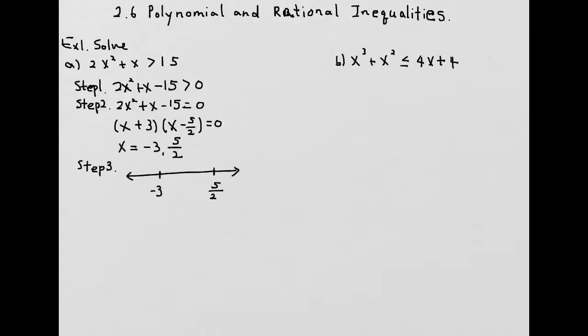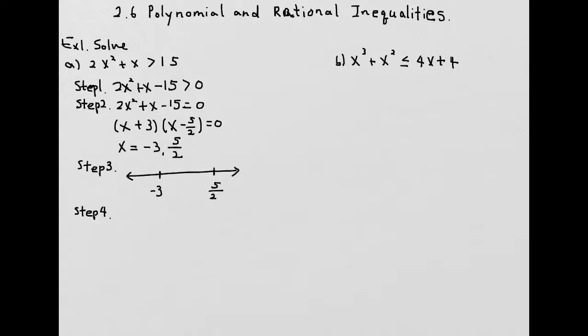The way we figure out which side is the solution is by testing a point. Step 4 is testing points.